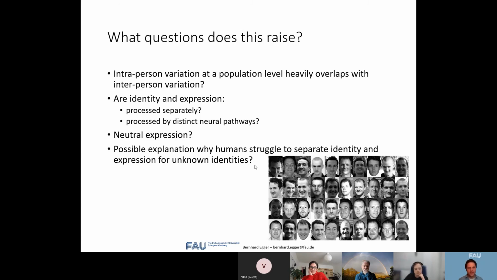And in this example here from Jenkins, you of course see that it's not only the expression and identity variation and illumination variation. There is also a variation in how old those two guys are, or their haircut, or if they shaved or not. So there is definitely much more variation. But I think part of this image we could potentially be able to explain with this expression identity ambiguity.